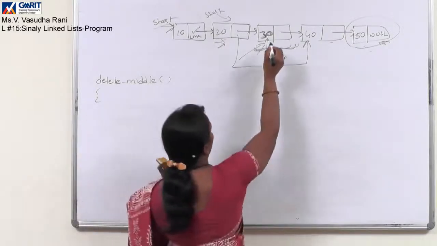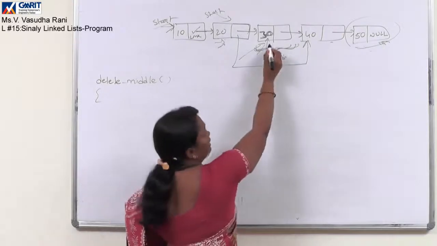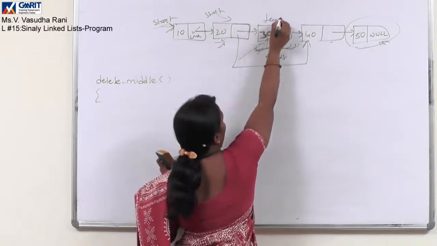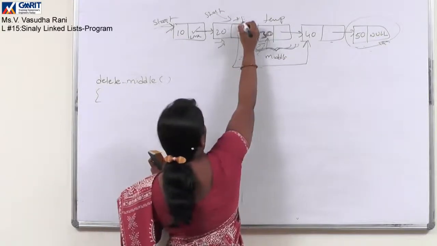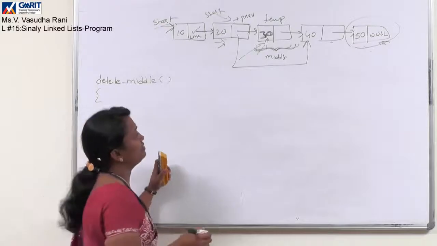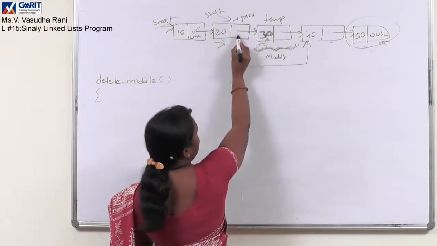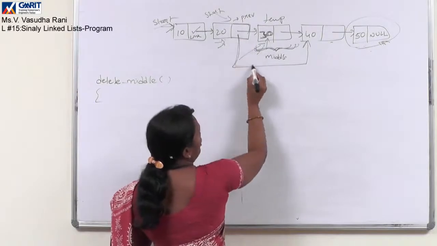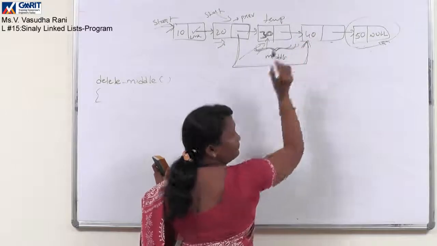So now if you traverse the list from the start to this particular node, and if you can name this node as your temp node, and if you can make this before node of temp as previous, then this previous node's link should be modified with your temp's link.